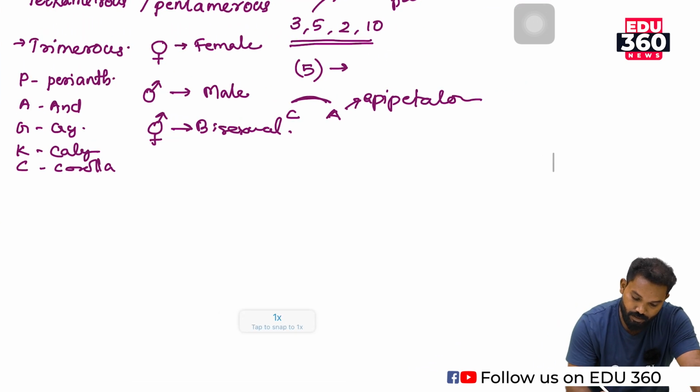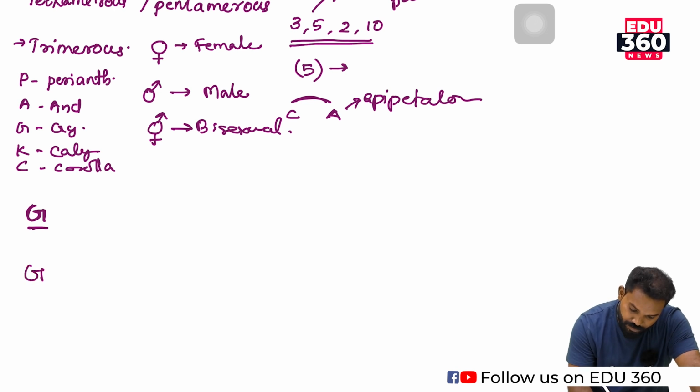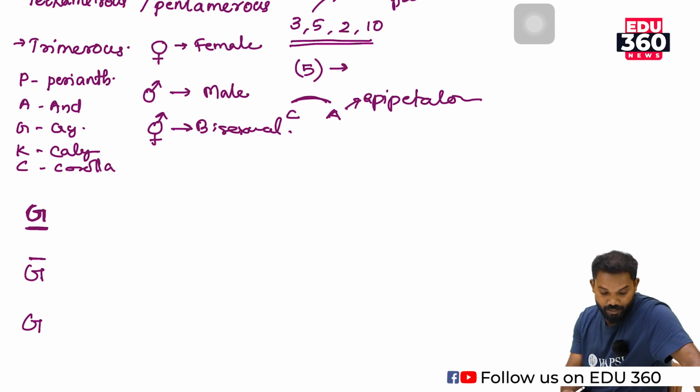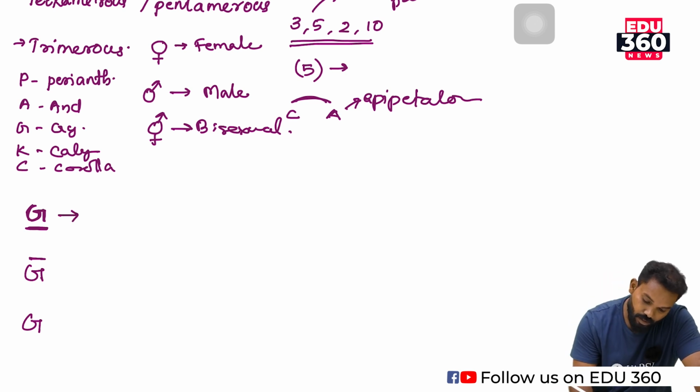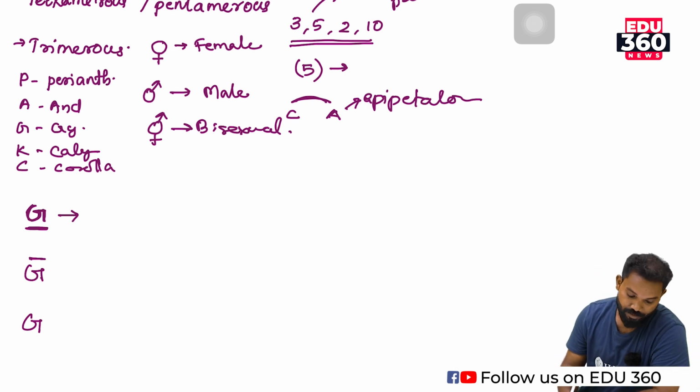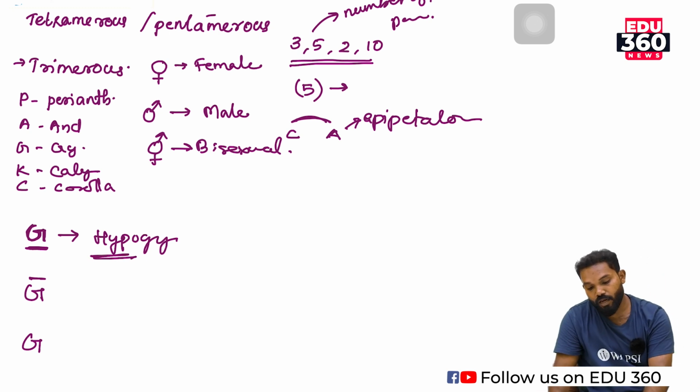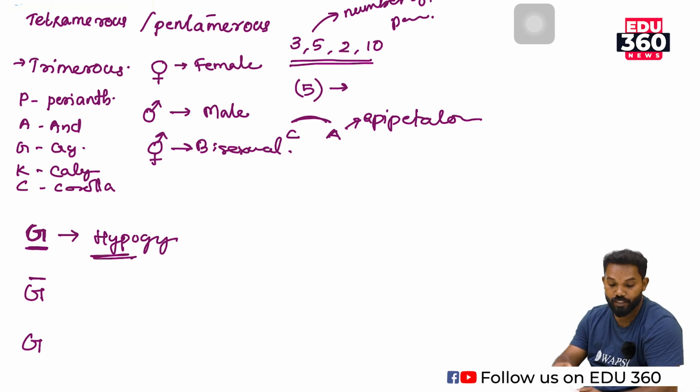Then with the gynoecium, or G, we use an underline, a line above the G, or only G. G with an underline means the gynoecium is above and all other parts are below, that is hypogynous. That means all other parts, calyx, corolla and androecium, are below the gynoecium.